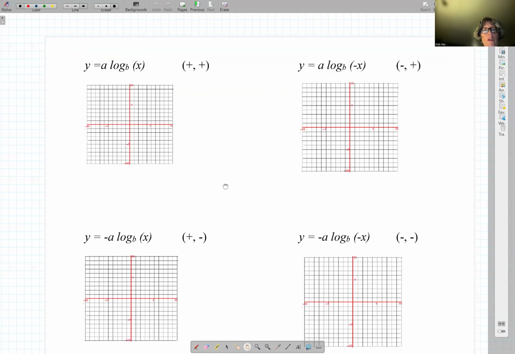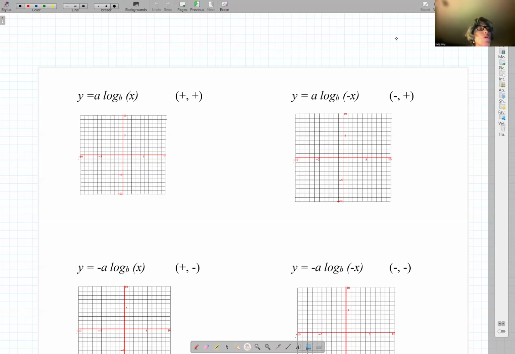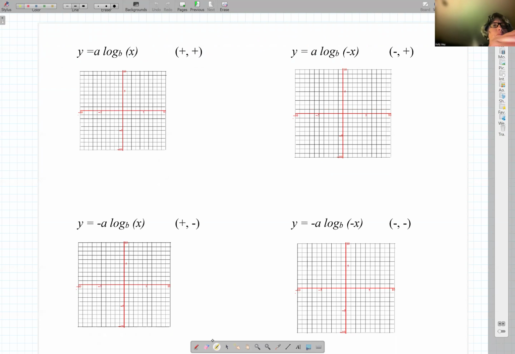So just what these generalized things should look like. All right. So these are all examples of parent equations without transformations, except for some basic ones. So in all of these, your asymptote is x equals 0.